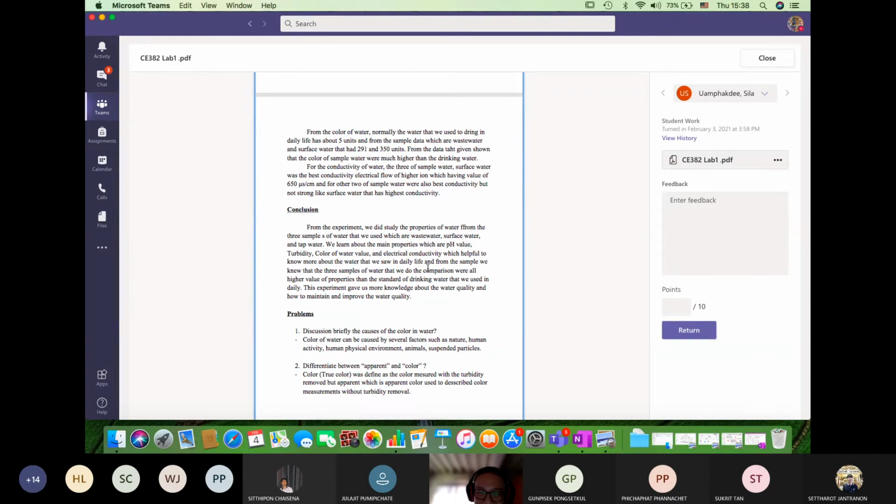I suppose you already have the objectives in mind, but there should be some results mentioned in the conclusion. At least you should say what the tapped water is, according to the values you got from the analysis. You can say that this tapped water is safe for drinking. It should be something like that.